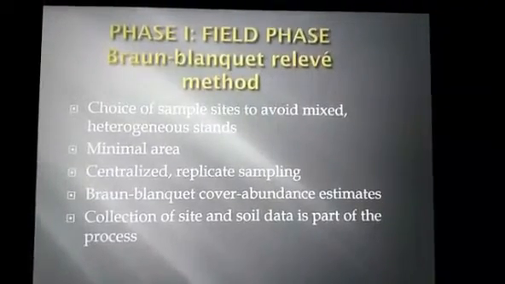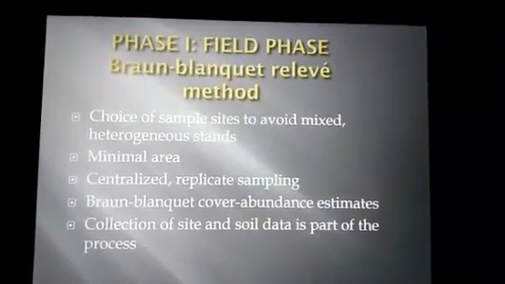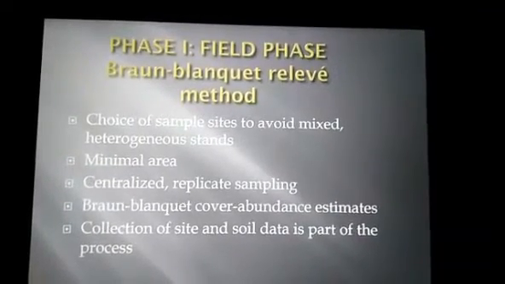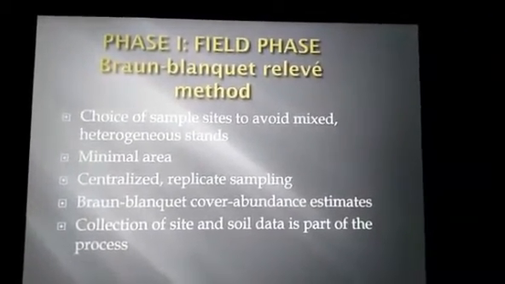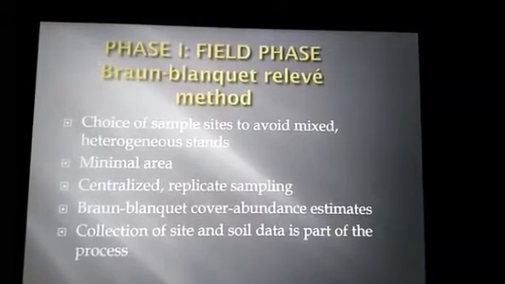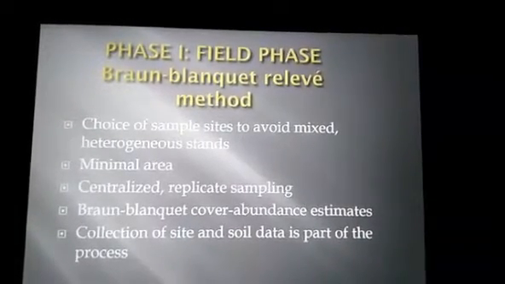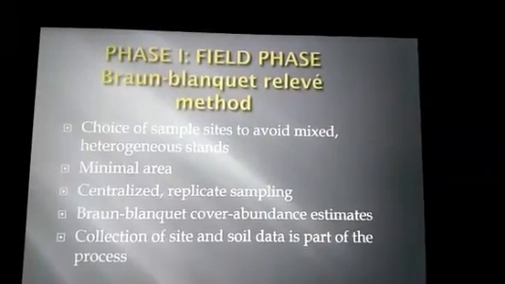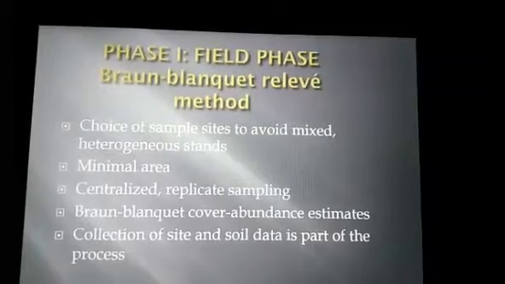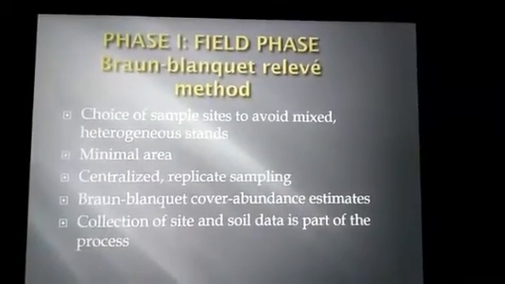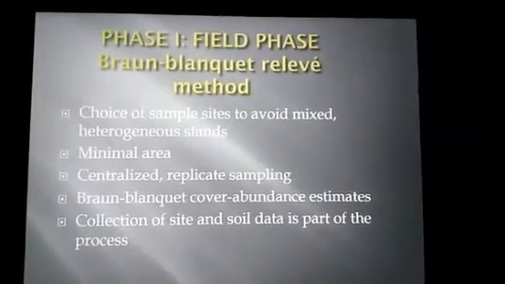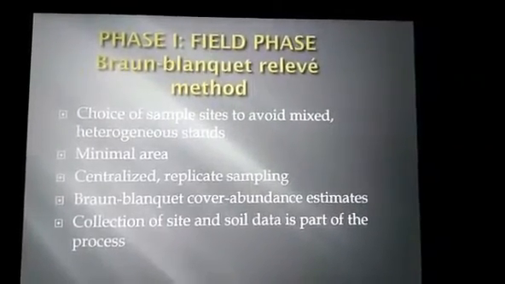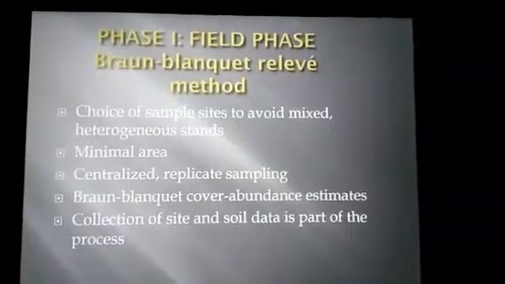So then, coming to the first phase, which is the field phase, which involves the relevé method, or what we call the Braun-Blanquet method. The choice of the sample site should avoid mixed, or what we call heterogeneous stands. As you know, for a site to qualify for a relevé, it needs to show some homogeneity instead of heterogeneity.